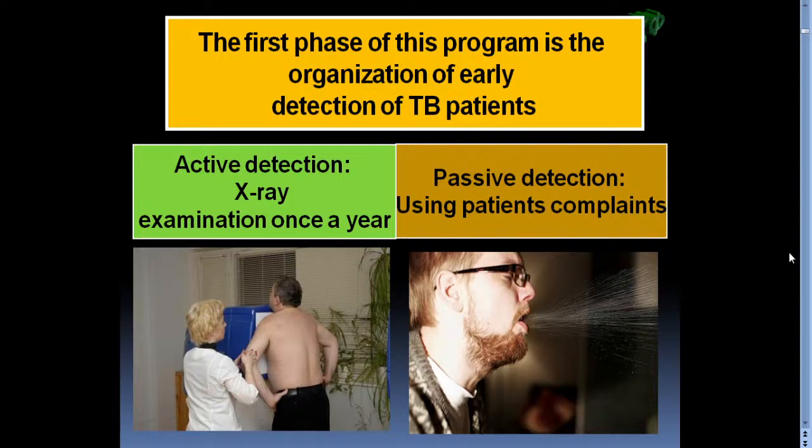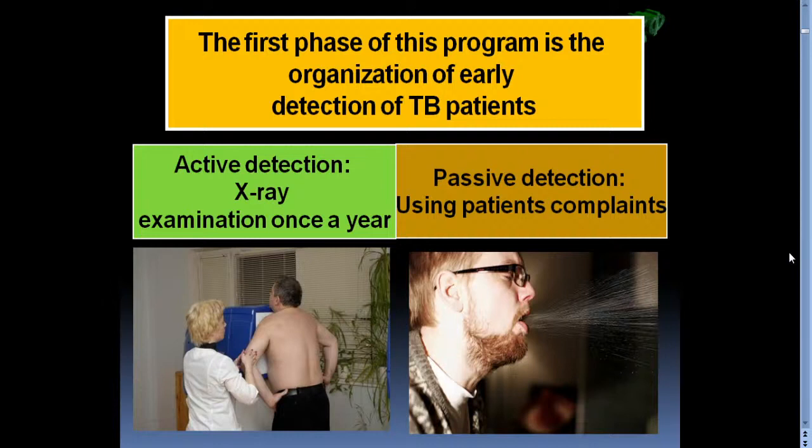The first phase of this program is the organization of early detection of TB patients. There are two variants of detection of TB patients. First variant, active detection. This is X-ray examination once in a year.